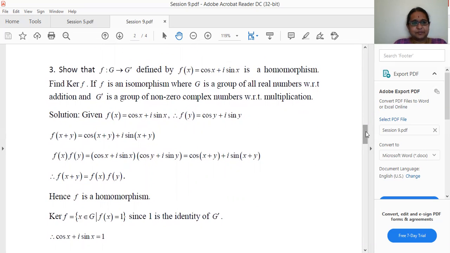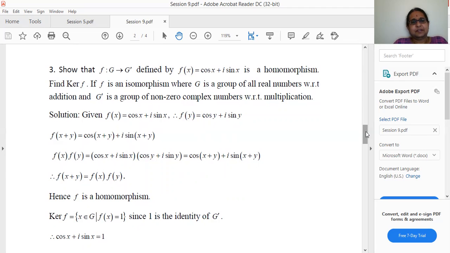Coming to the third problem, show that f from g to g dash defined by f of x is equal to cos x plus I sin x is a homomorphism. Find kernel f. If f is an isomorphism, where g is a group of all real numbers with respect to addition and g dash is a group of all non-zero complex numbers with respect to multiplication.